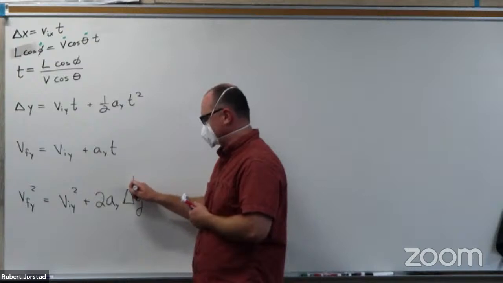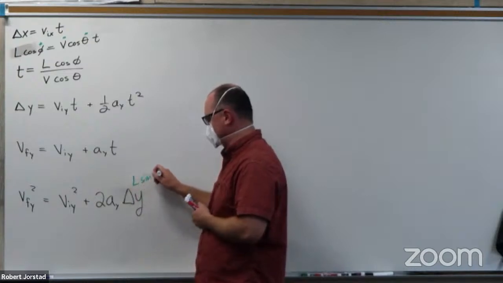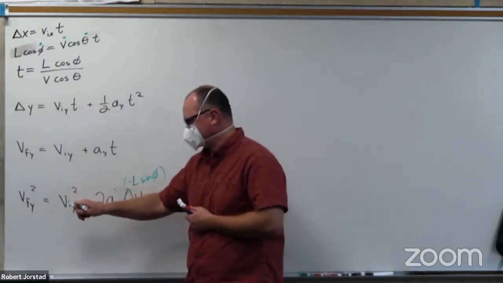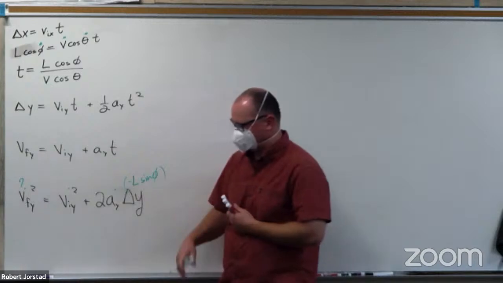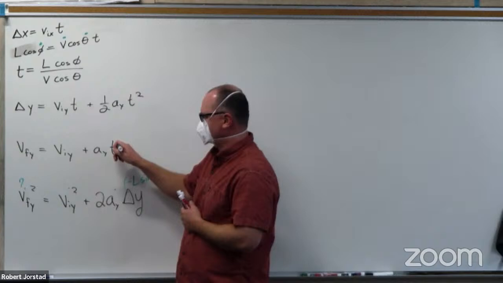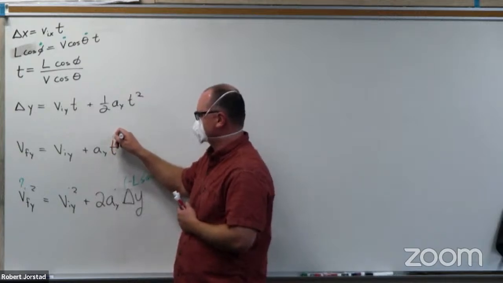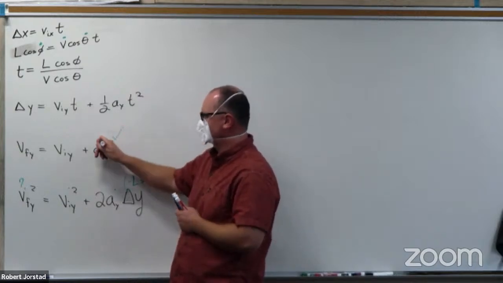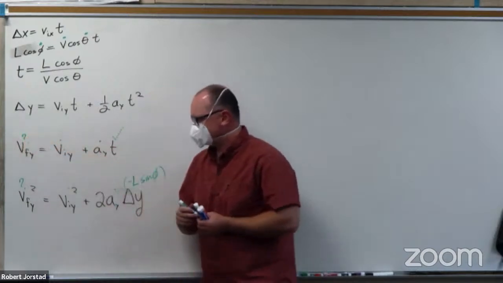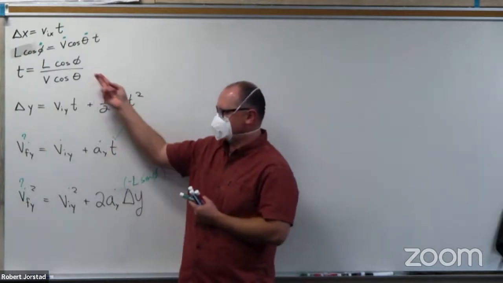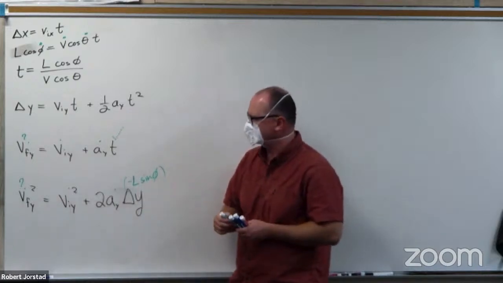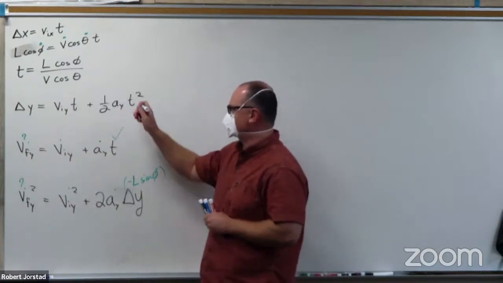This is kind of what I'm looking for because that's got an L sine phi with a minus sign in it. I know this, but I don't know this. That doesn't necessarily help me right away. I could take that time up there and plug it into here. Because in theory, we kind of know this, but not really. I know this, but I don't know this. So you could say, well, maybe I could try and use this time in here, figure out v final y, and then plug it into here and solve for that. That might work. Still not happy with that.